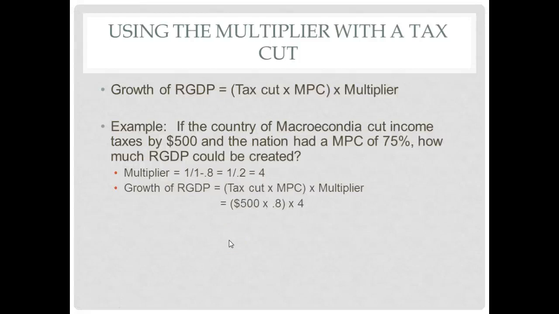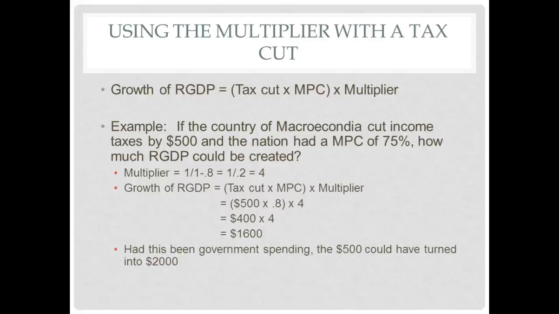That gives us $500, the amount of the tax cut, times 0.8, and then times 4. 0.8 being the MPC, which means now we have 400 times 4, which means the total possible GDP growth is $1,600. Now, if you think back to our previous problem, when we did government spending instead, that $500 turned into $2,000. So there's no doubt that increases in government spending are generally more powerful than tax cuts because usually a portion of that money is saved.